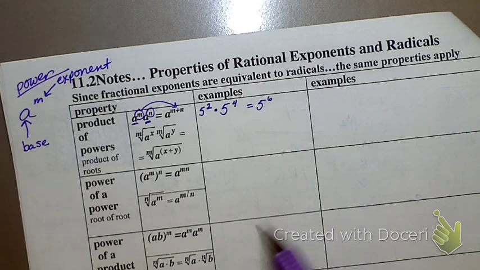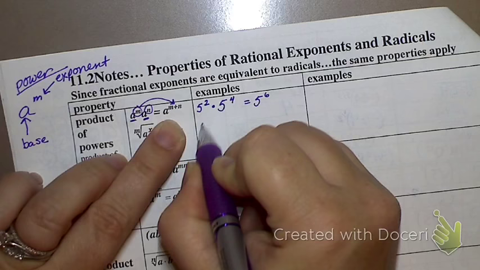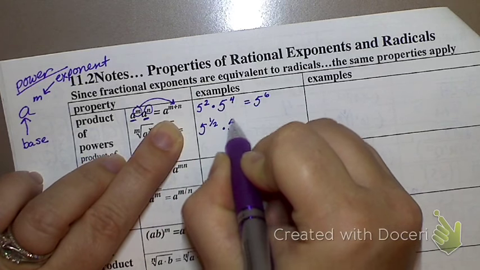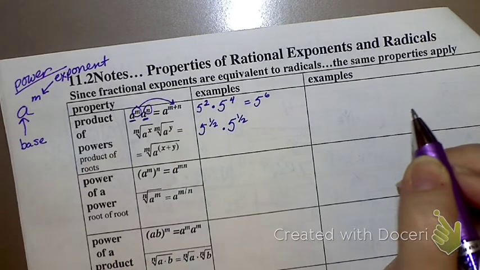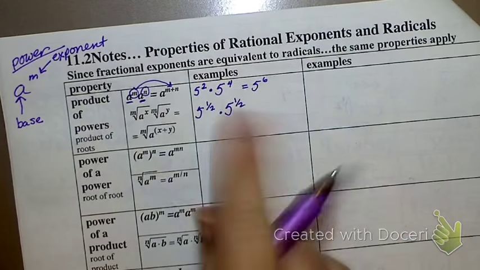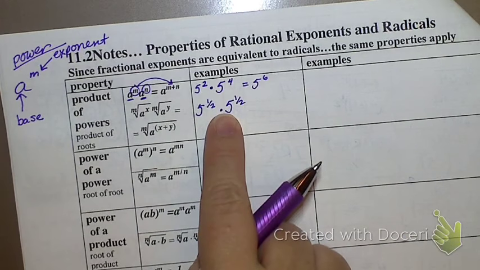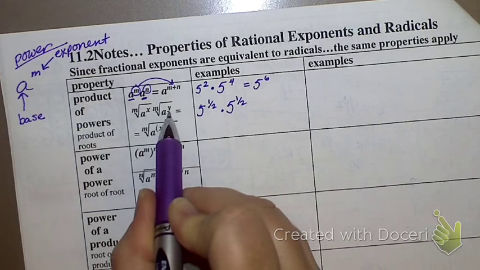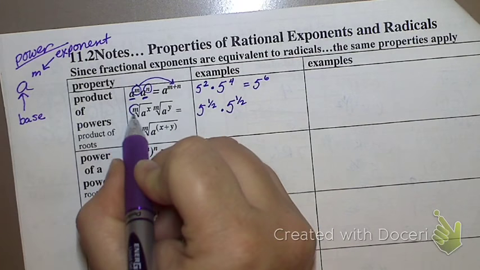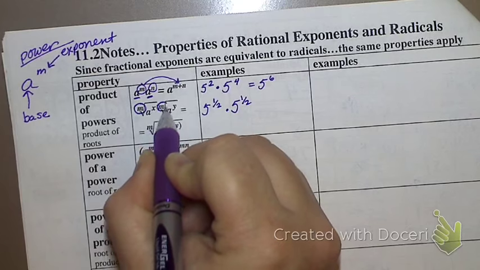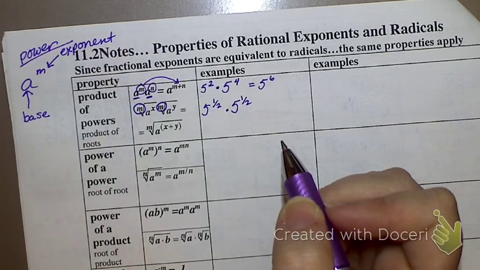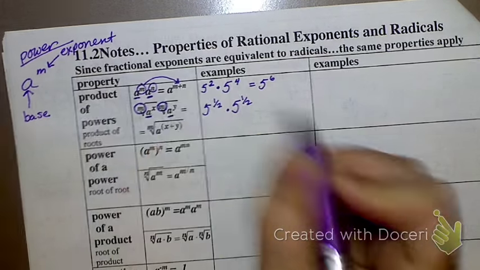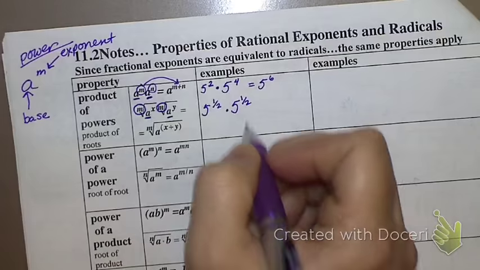Now, what we're going to say here is that that rule still applies even if you have fractional exponents. Now remember, fractional exponents can look like fractional exponents or they can look like radicals. And so if you've got radicals here, what do you notice about the radicals here? Even though it's all letters, do you notice that they have the same index and the same base? I personally think it's a little harder to see in radical form.